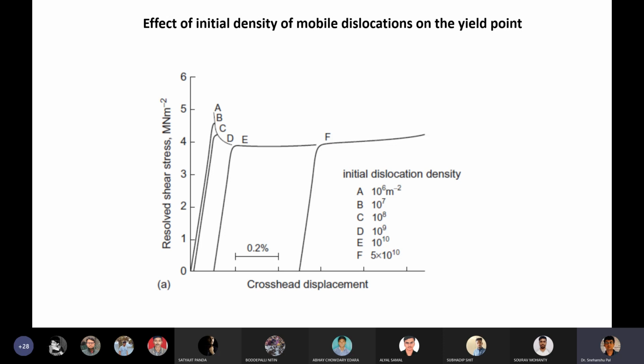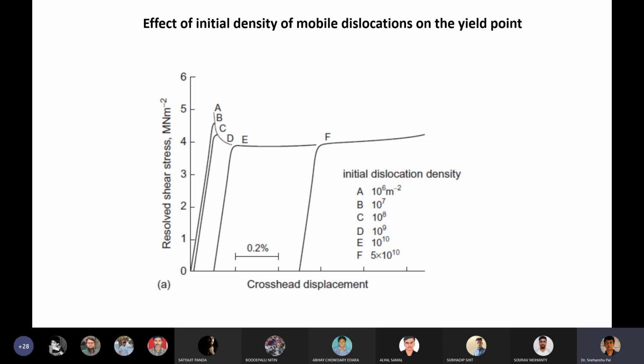That required stress comes from an external agency, maybe in the form of load or force, and then again the slip occurs. So that's why slip does not occur continuously. Then you will see the slip steps much more evidently. That is one of the reasons.